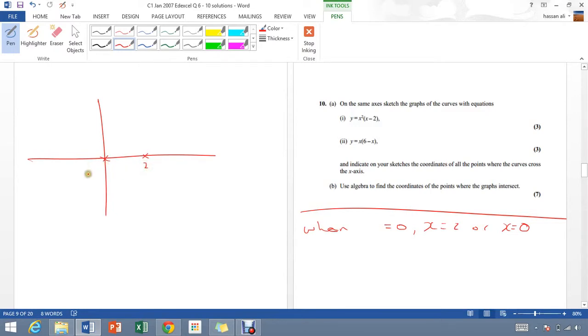Now remember it's a cubic, and it's a positive cubic, so my line starts from the bottom here. You're going to have 2 curves, so your line comes from here, crosses here, and then goes back up, like that. So that's for the equation y equals x squared times (x minus 2).